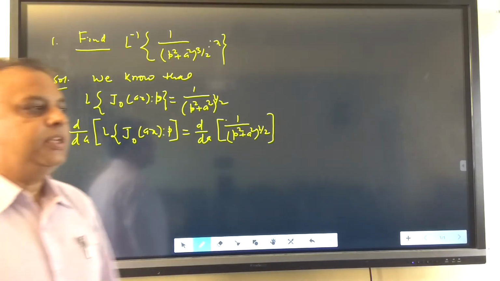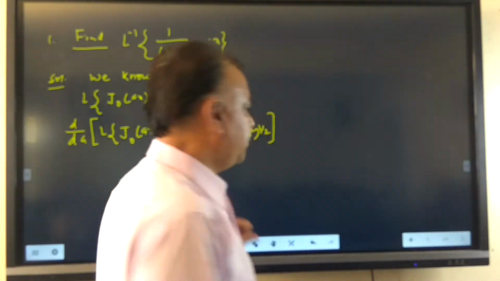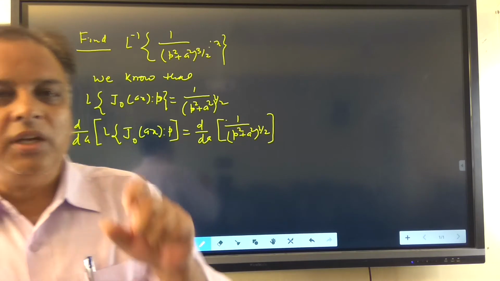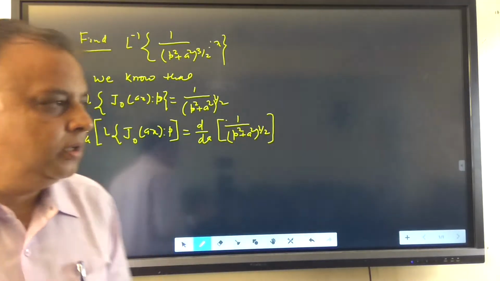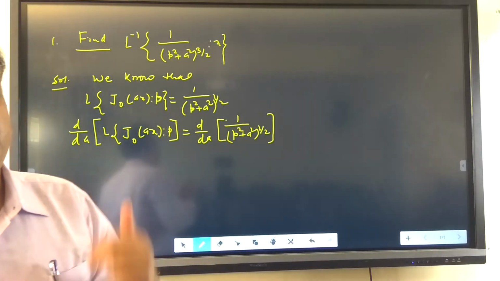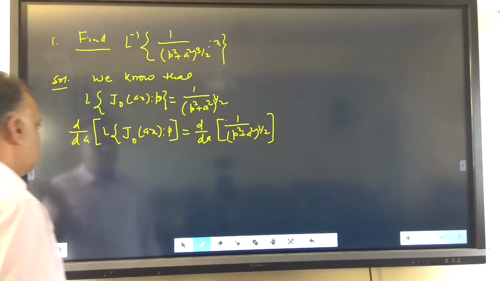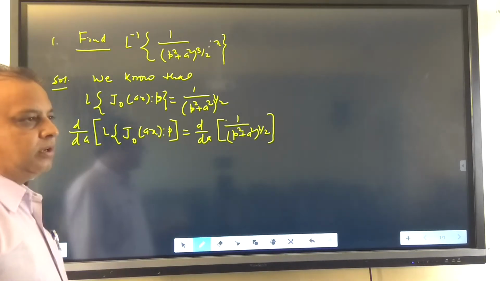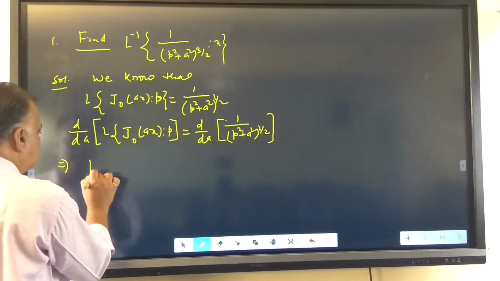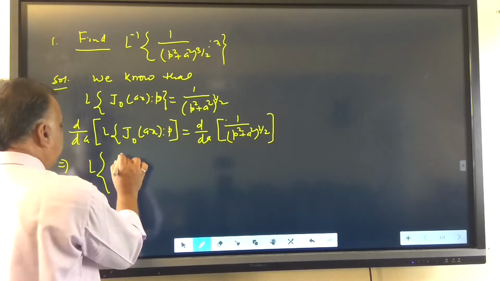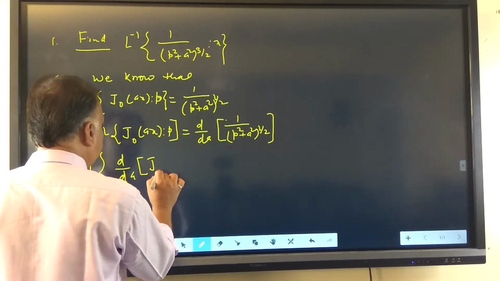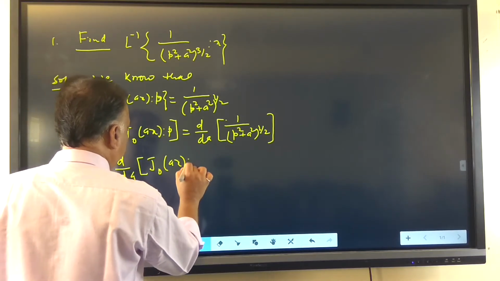On the left hand side, since a is constant with respect to the Laplace transformation, the differential coefficient comes inside the Laplace transformation, and we get the Laplace transformation of d by da of J0(ax) with respect to p.